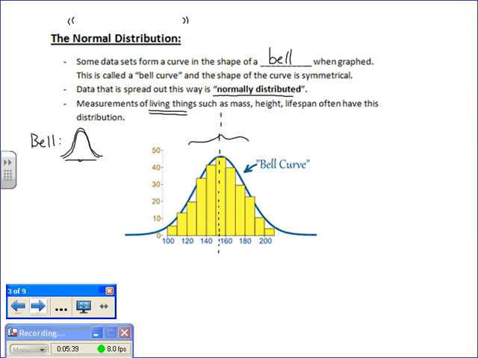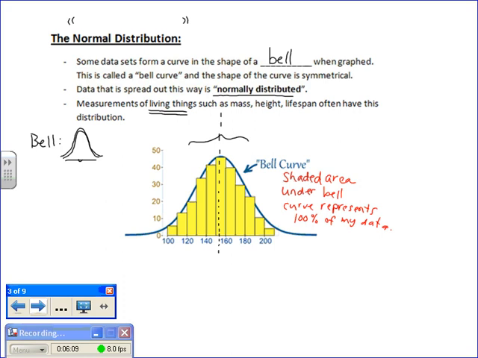So the shaded area under the bell curve, all the rectangles, represents all of my data. In other words, 100% of my data. So that means that under the curve, that's 100% of my data.